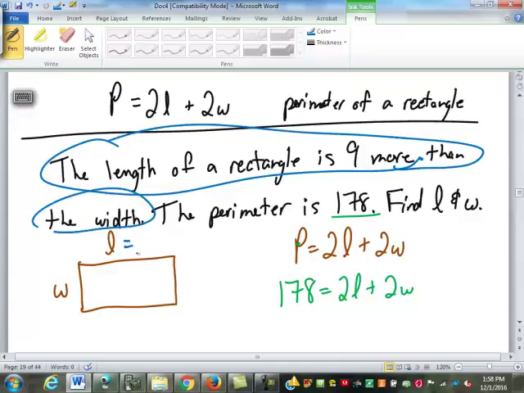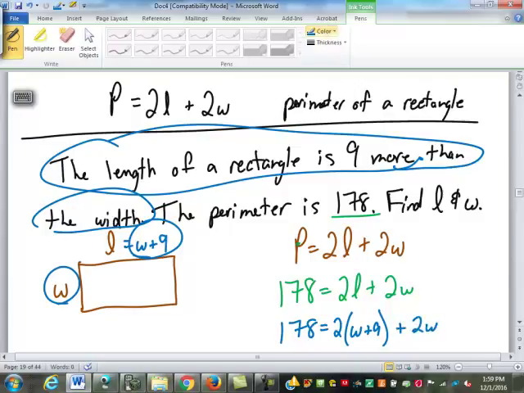So the length, how do we write 9 more than the width? 9 plus W or W plus 9, right? 9 more than the width. So instead of L, I'm going to use W plus 9, and I'll use the W over here. So now 178 equals, instead of 2L, it's going to be 2 times W plus 9 plus then just 2W.